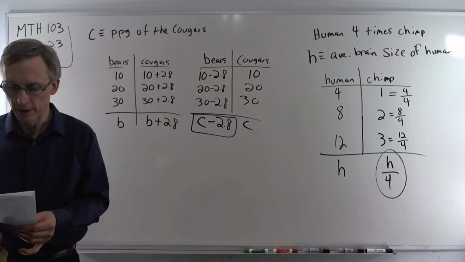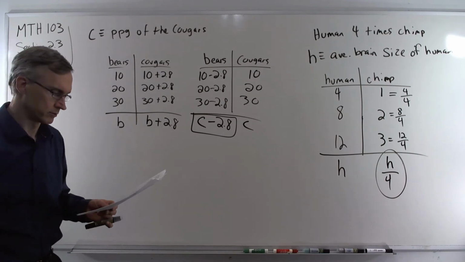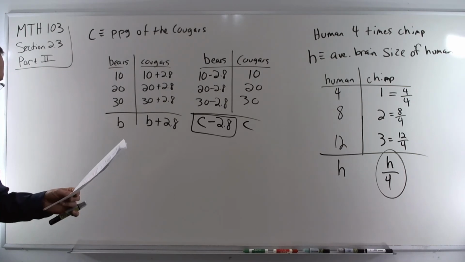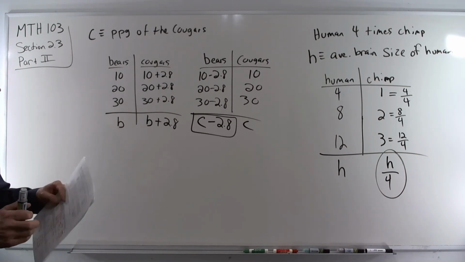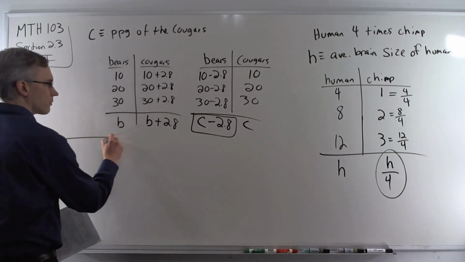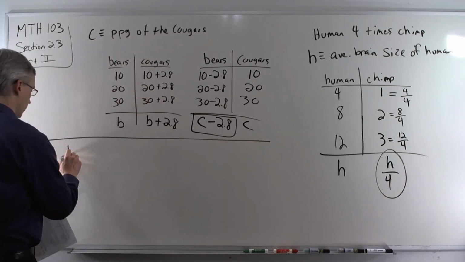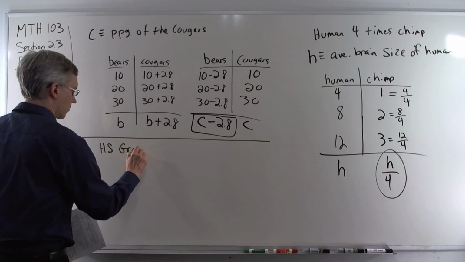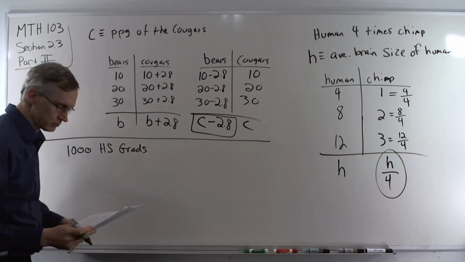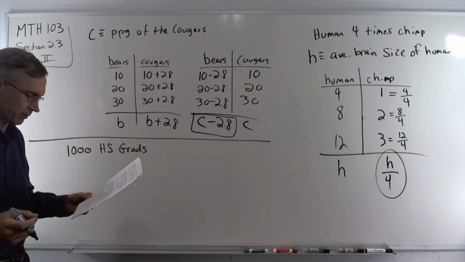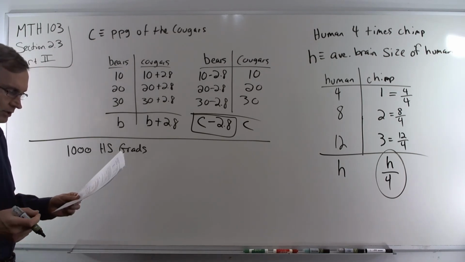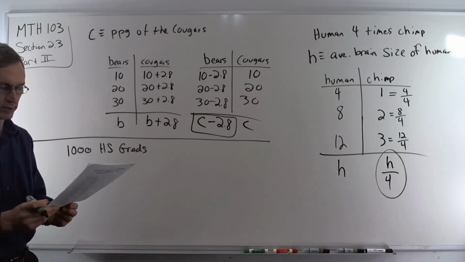Part C. In a recent survey, 1,000 high school graduates were asked whether or not they plan to attend college. Express the number of students who plan to attend college in terms of the number of students who do not plan to attend college.